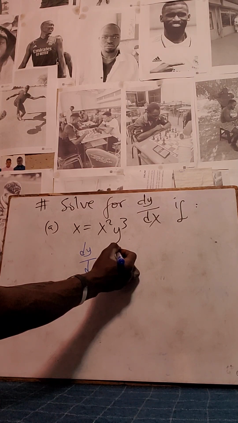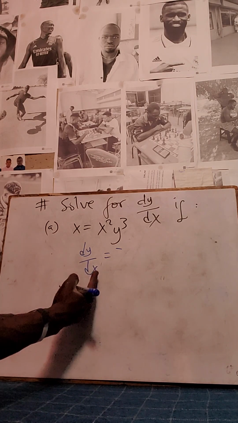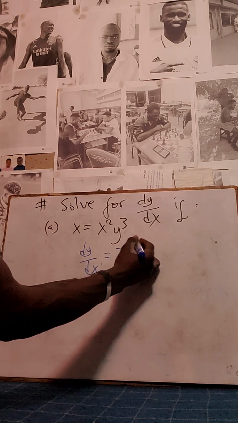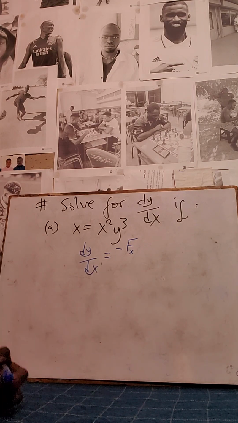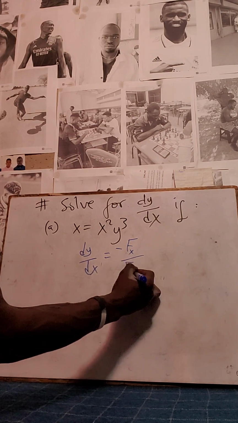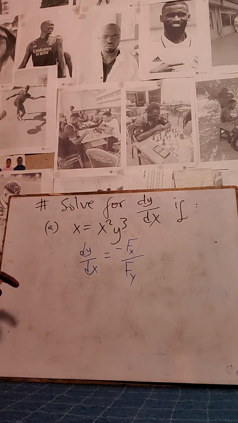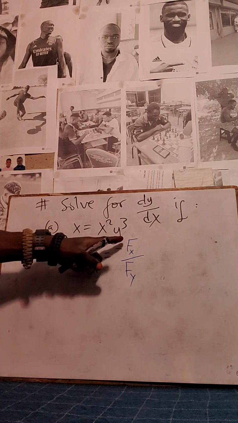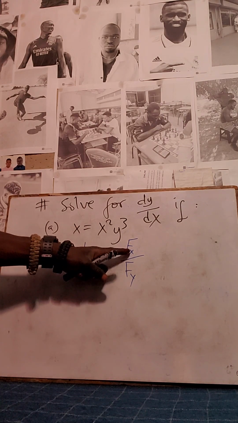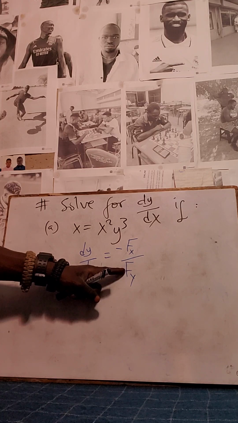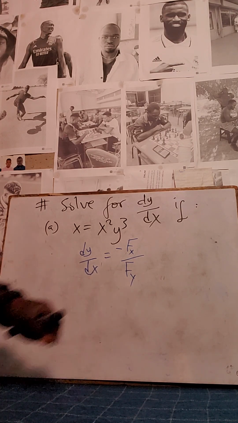The only thing involved is a negative, and then crosswise we write capital F with respect to x and with respect to y. This one is read as the partial derivative of F with respect to x. This one is the partial derivative of F with respect to y.